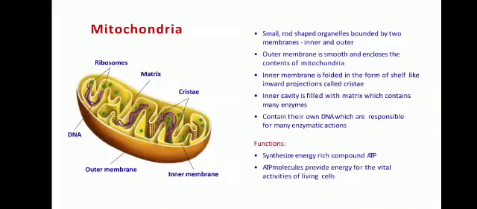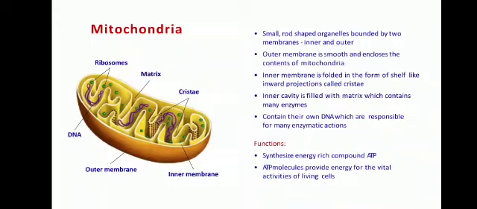And an important one is the mitochondria. The mitochondria is a very small rod-shaped organelle bounded by two membranes, inner as well as outer. The outer membrane is smooth and encloses the contents of the mitochondria. The inner membrane is folded in the form of shelf-like projections called cristae. The inner cavity is filled with matrix that contains many coenzymes, that is F1 particles.